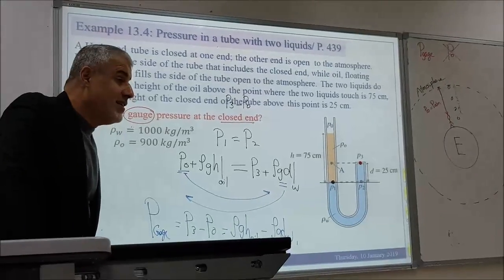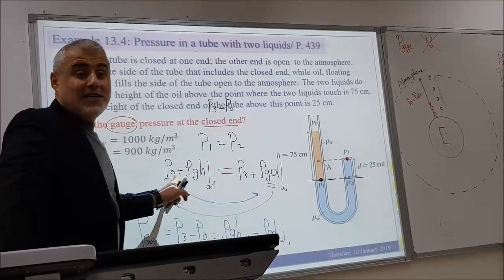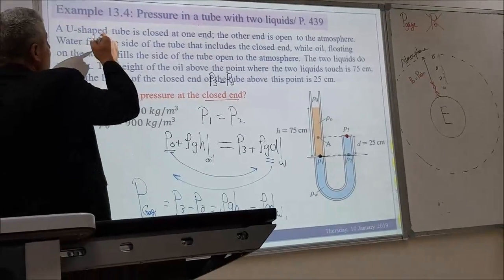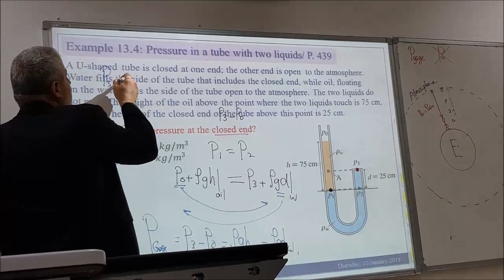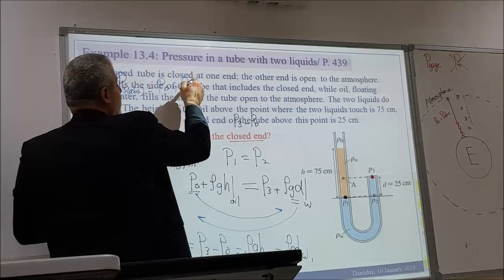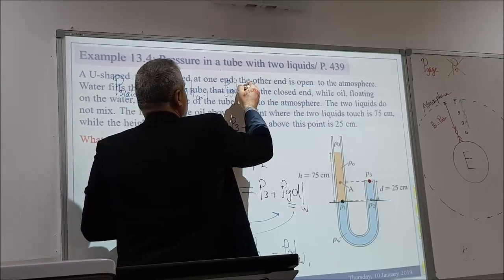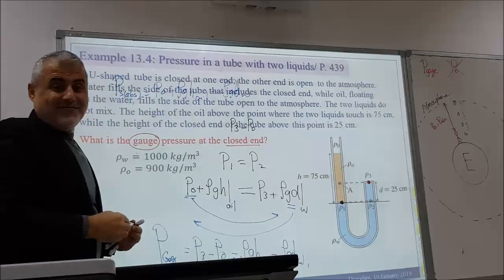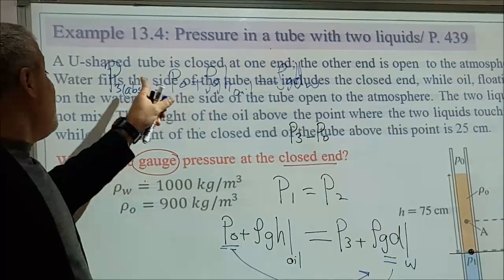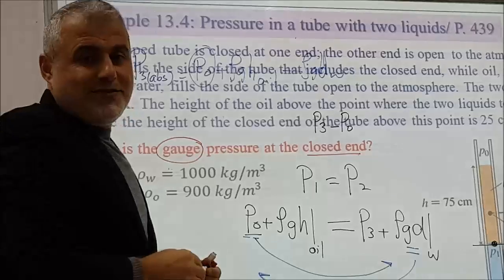If he says only find the absolute pressure, يا شباب اعملها زي ما هي، طلع البي 3 بس ما تعمل ماينس. Absolute, اذا طلب منكم absolute، P3 absolute يساوي P naught plus rho gh oil minus rho gh water، بس. اما يا شباب احنا قلنا دائما in case of gauge ايش نسوي في هذه؟ We just skip it.